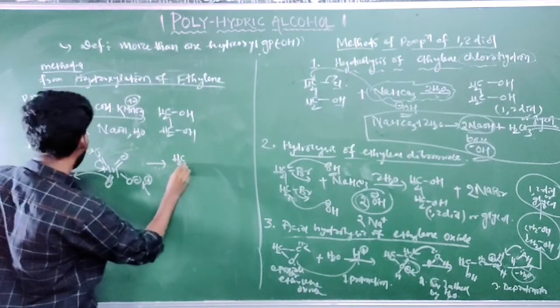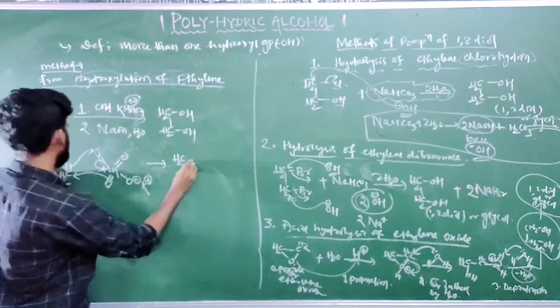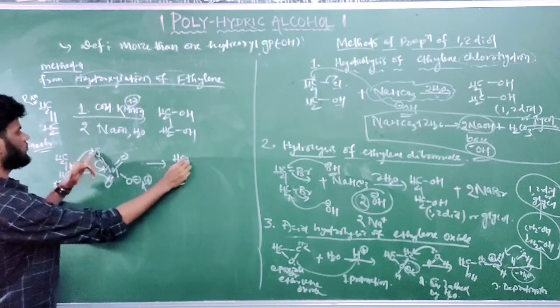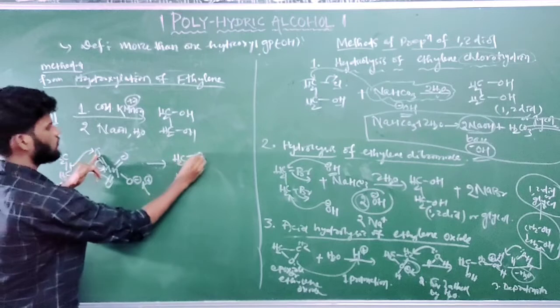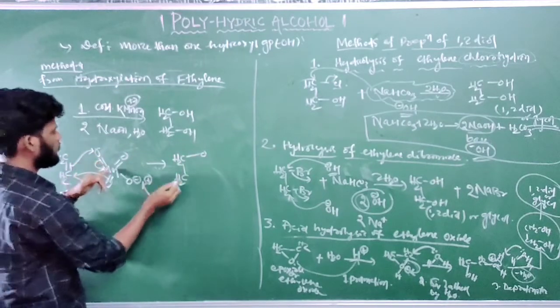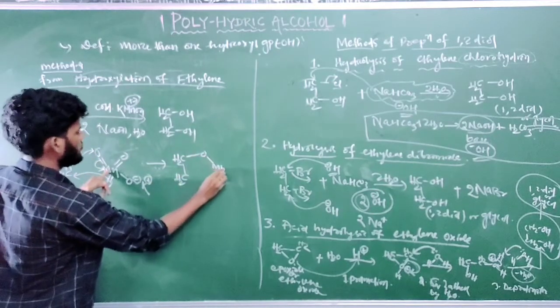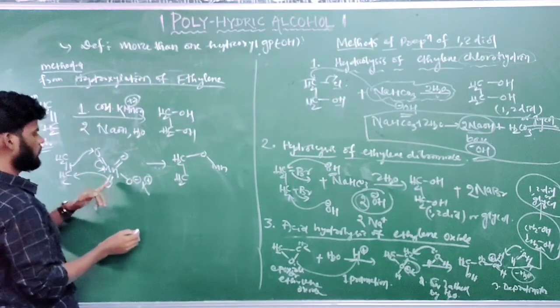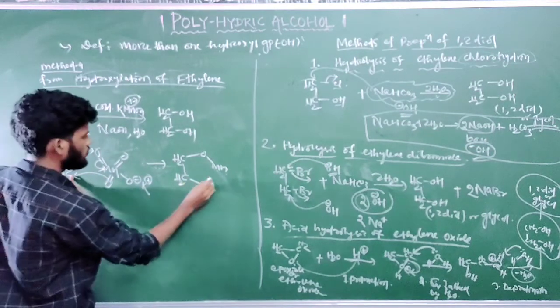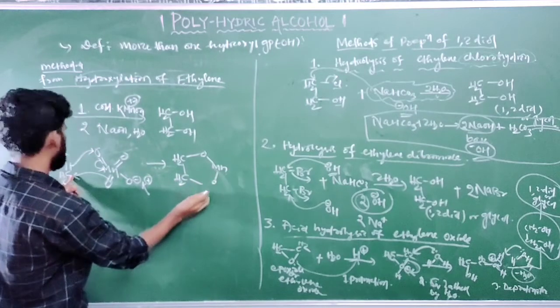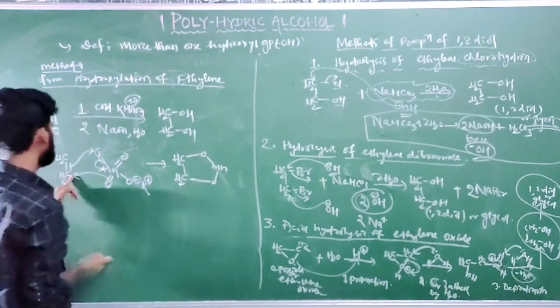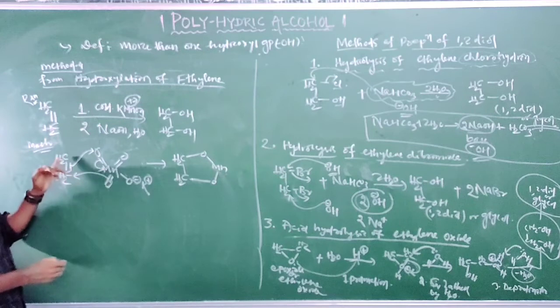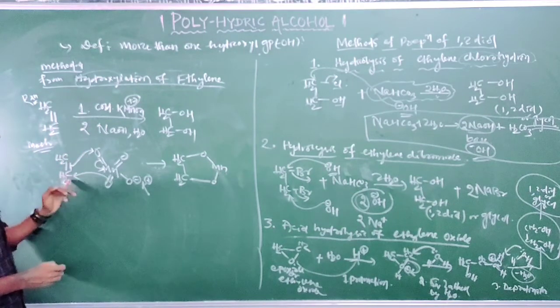It will form one cyclic intermediate, CH2 CH2, and this CH2 is attached to the oxygen. Okay, and one bond moves over to manganese. There is only one bond now, and here manganese, one bond attacks this CH2, and this oxygen is attached to this CH2, this CH2 to this oxygen, and this oxygen to this CH2.